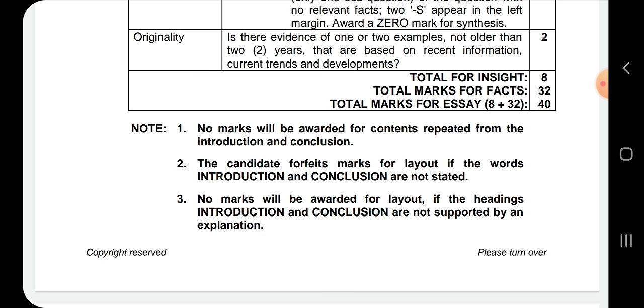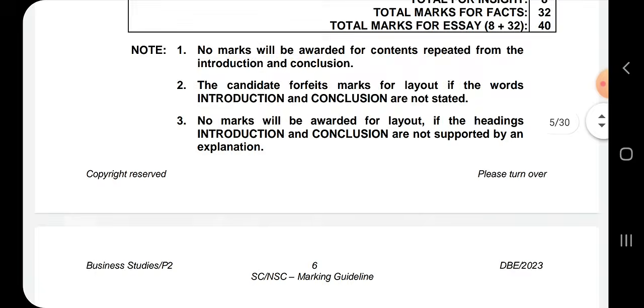You get marks for layout. No marks will be awarded for layout if the heading, introduction, and conclusion are not supported by an explanation. You say introduction and write the introduction, body, then you say conclusion and write your conclusion. Not just conclusion, introduction. What is your introduction about? You're not going to get marks for all of that.